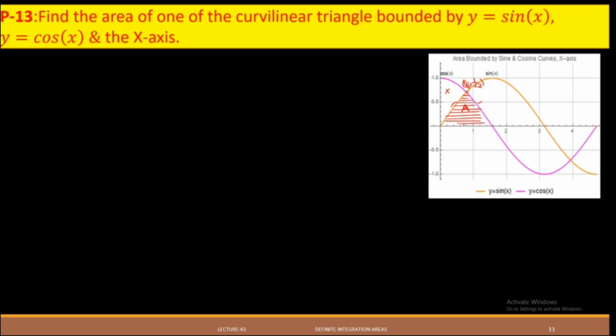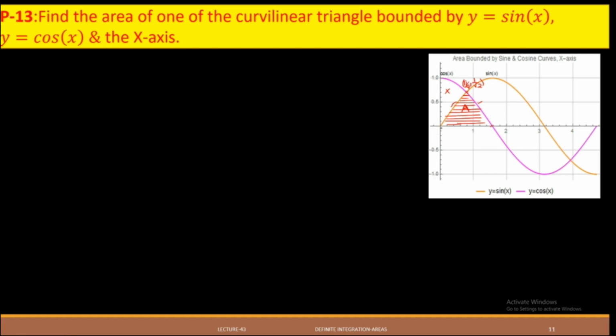If you observe this area carefully, the entire area is not under the same curve. Till one point it is under the curve sin x, and from that point to the last point here, it is under the curve cos x.